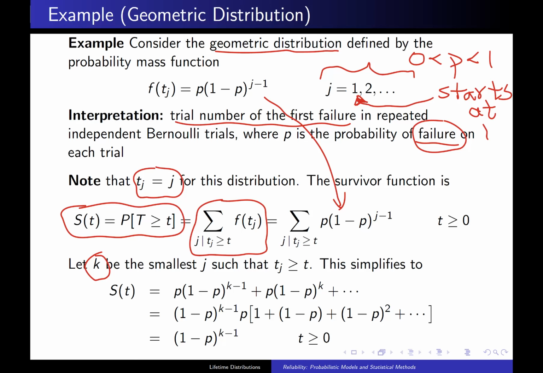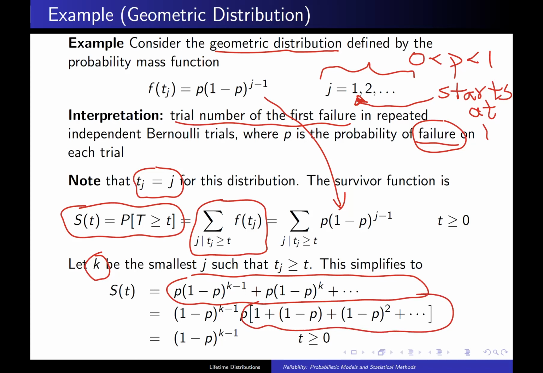So in that case, you get the survivor function as this particular sum. Just by writing out the terms, each one of those terms contains a 1 minus p to the k minus 1 times p, so that can be pulled out, and what's left is a geometric series.